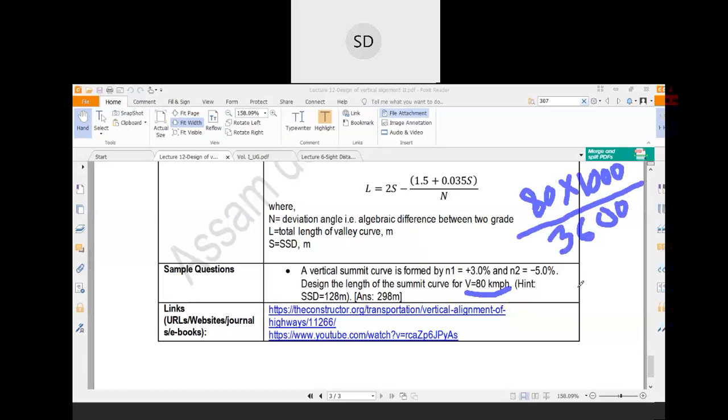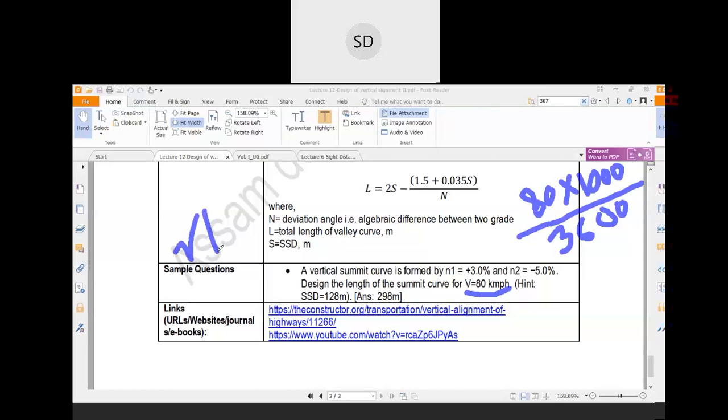So tell me what is the value? It is 22.22 meter per second.